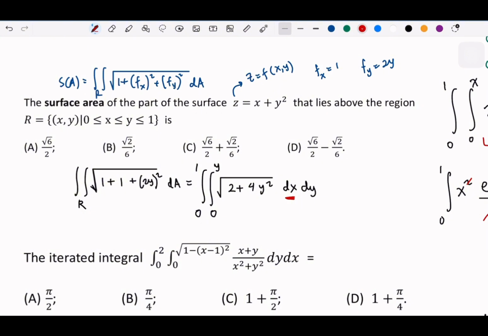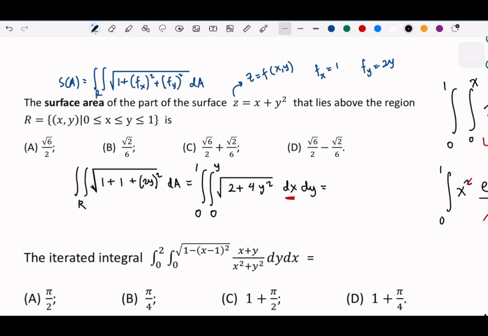It will be helpful to take substitution after this part. If you take dy first, you need to put this inside, and perhaps it will be much more complicated. Maybe it's doable, but my suggestion is to take x first, and the last will be y.